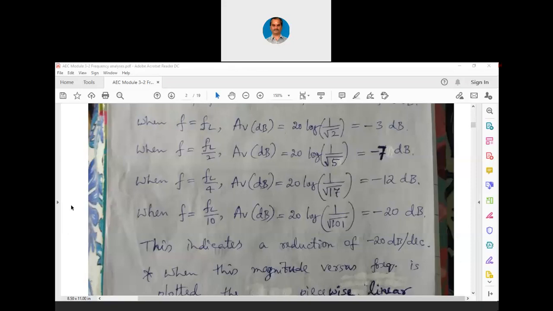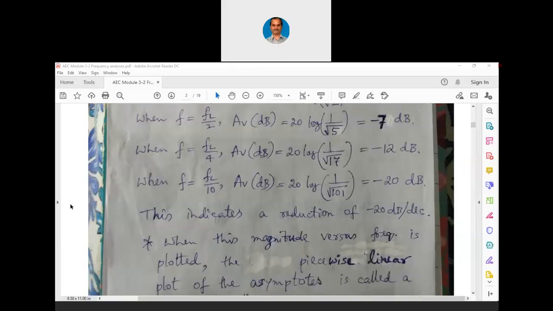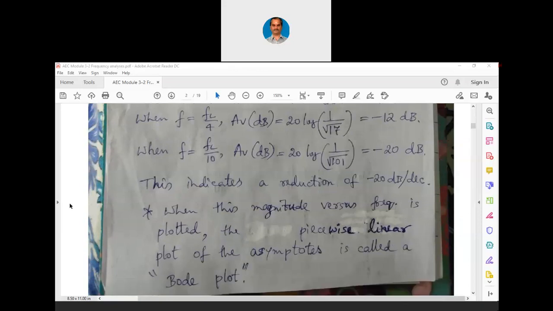That plot itself is a Bode plot. We had discussed the ideal Bode plot and the actual Bode plot, right? This is the ideal Bode plot because it is totally based on mathematical calculations. When this magnitude versus frequency is plotted, the piecewise linear plot of the asymptotes is called a Bode plot.